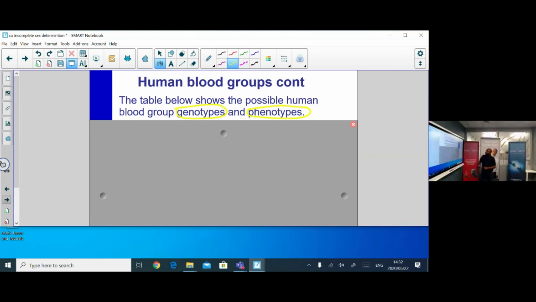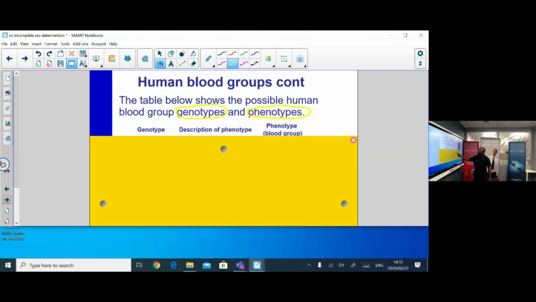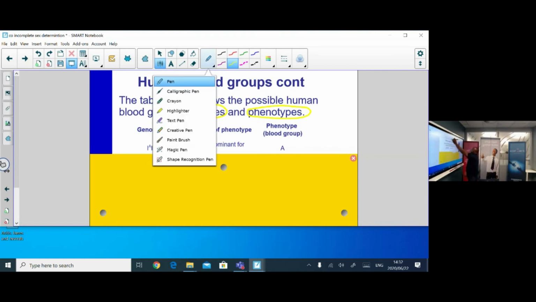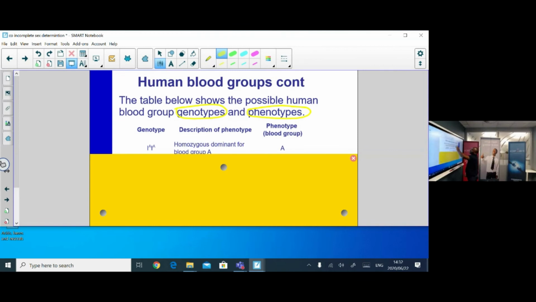There's a notation that we use to denote blood group genotypes. So I've got my table. On the first column, grade 12, it shows the genotype and the phenotype description, and then the phenotype.